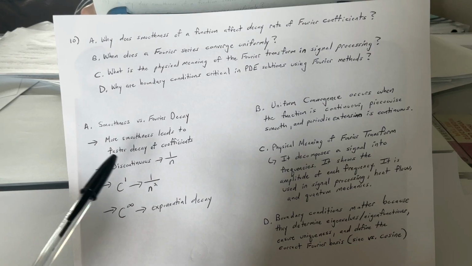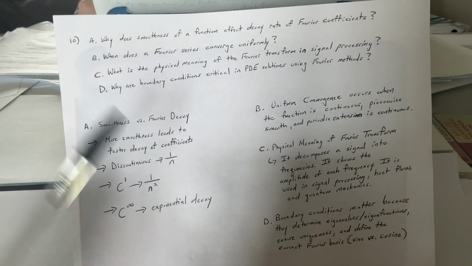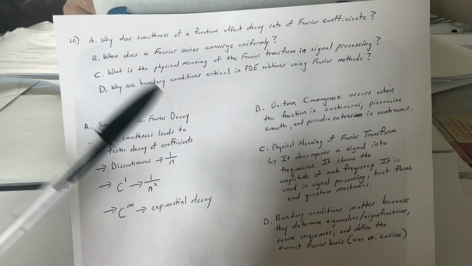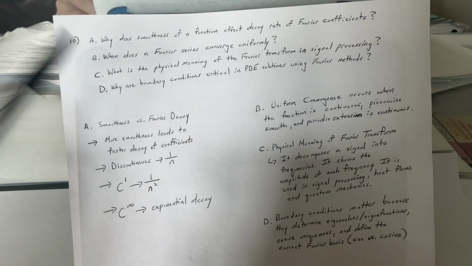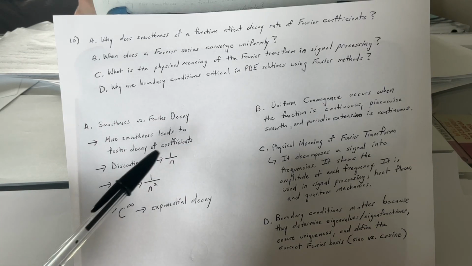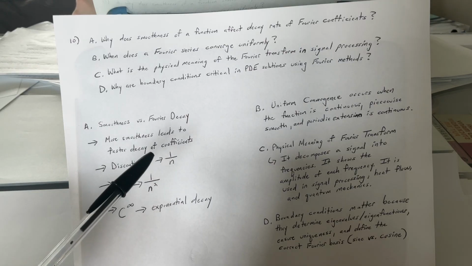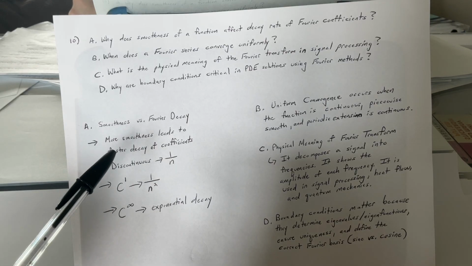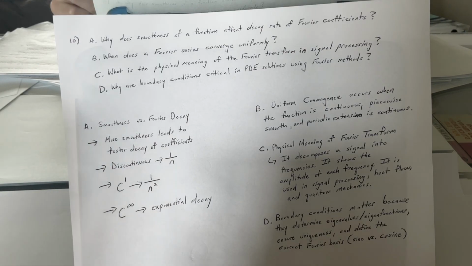So think about coefficients, right? They're going down as the smoothness goes up. So more smoothness leads to faster decay of the coefficients. Okay? So more of this, faster decay of that.